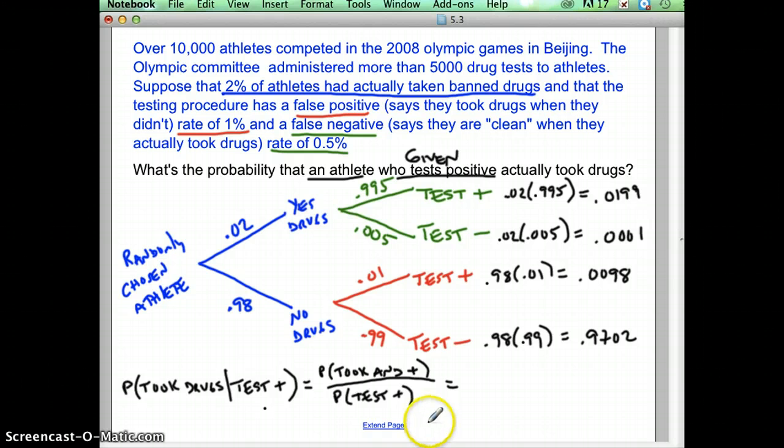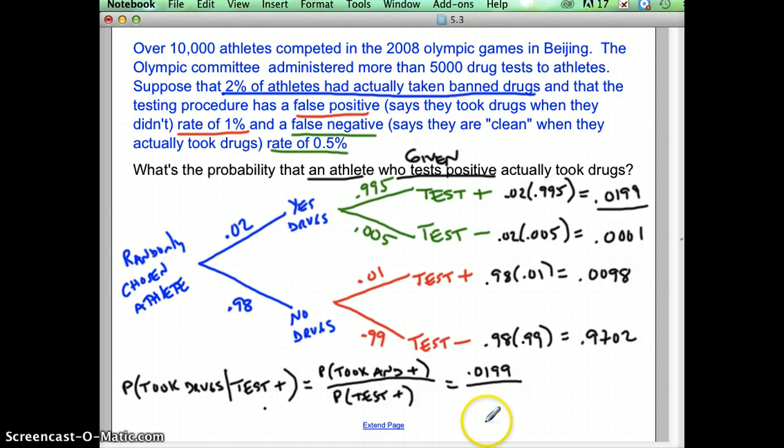Okay, so now let's look at our number tree. The probability that they took drugs and tested positive, okay, took drugs and tested positive. That's this number right here, 0.0199.